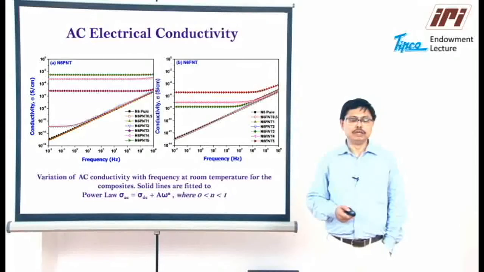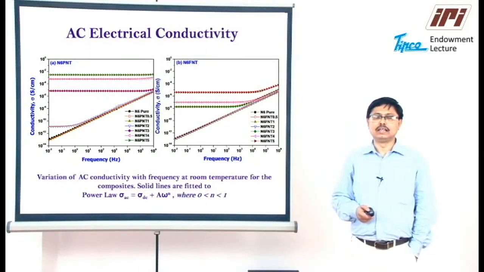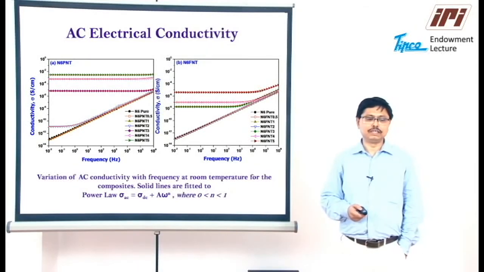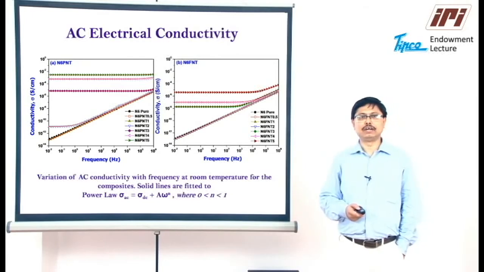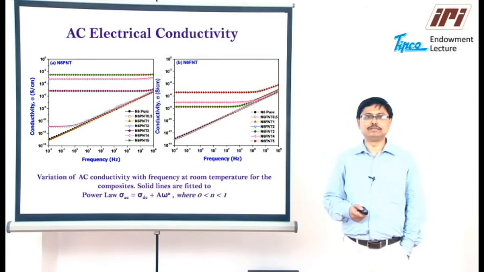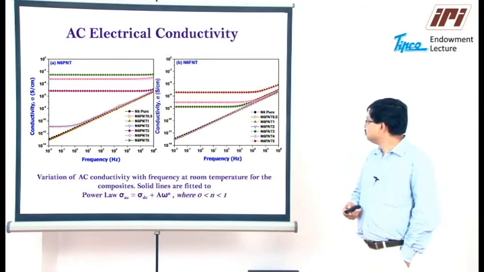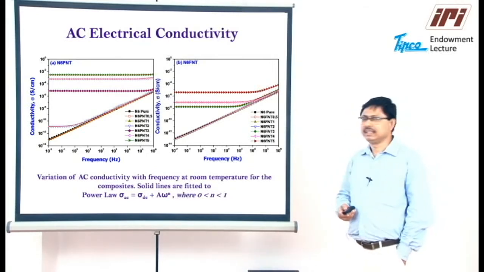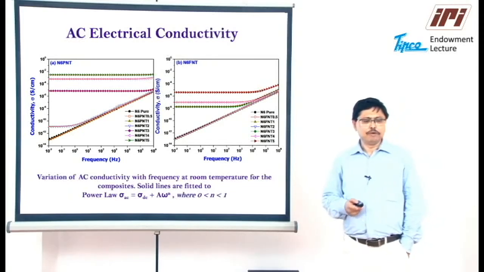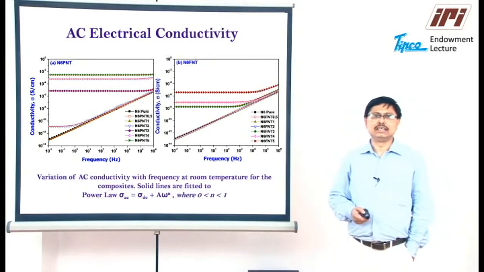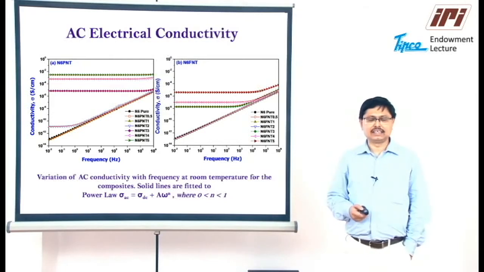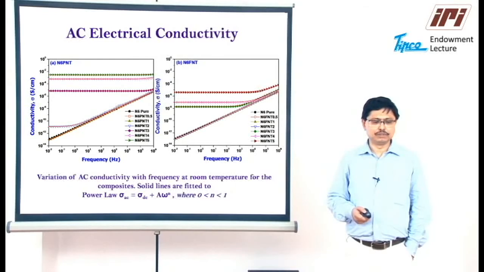Through electrical conductivity measurement, one can observe that both purified and functionalized multi-wall carbon nanotube based materials show an electrical percolation threshold anywhere between 2 to 3 weight% in both cases, whereas purified multi-wall carbon nanotube materials show higher electrical conductivity as compared to their functionalized multi-wall carbon nanotube based composites.